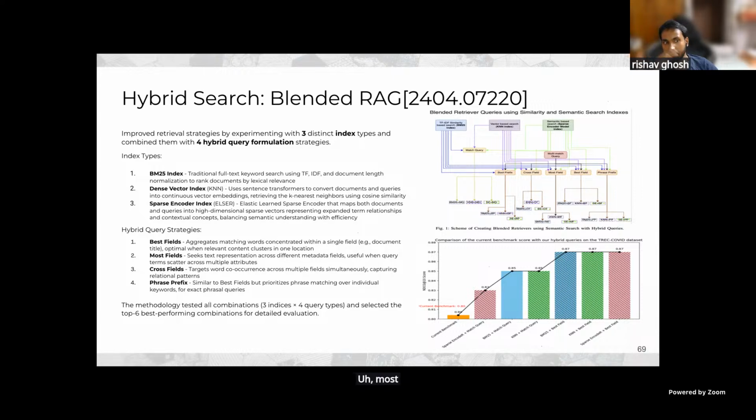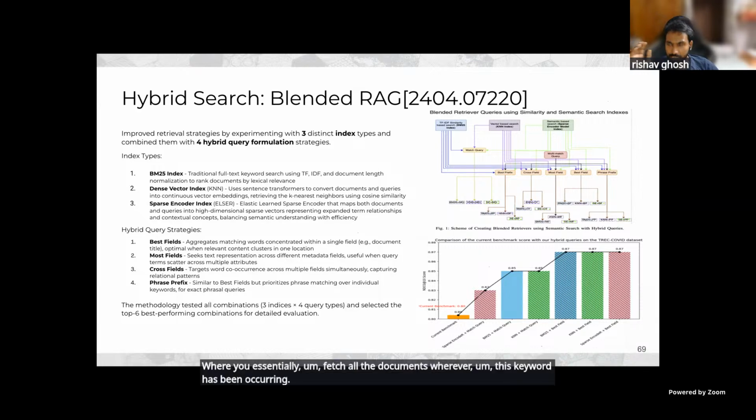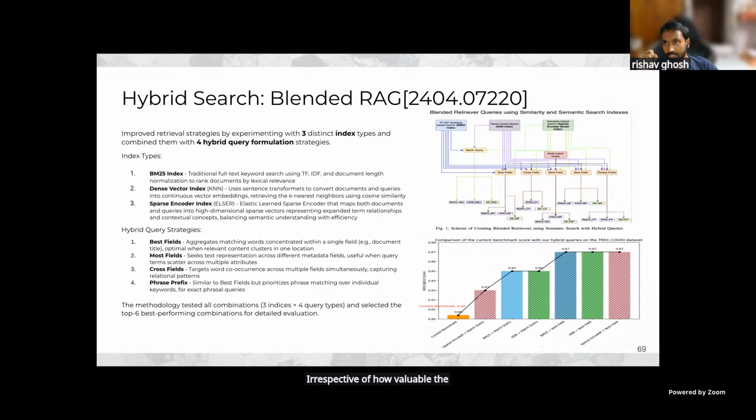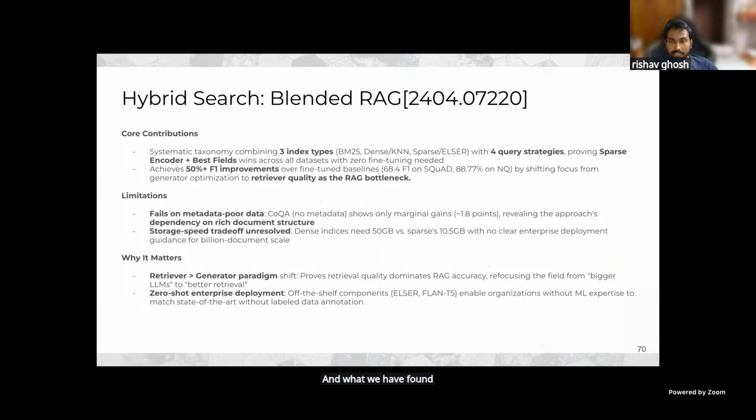Most fields is the direct opposite, where you essentially fetch all the documents wherever this keyword has been occurring, irrespective of how valuable the data in it is or not, or even if it's repetitive. So these are some of the strategies. And what we have found is that the best strategy is essentially sparse encoder plus best fields. So that gives almost 50% plus F1 improvements over the other.